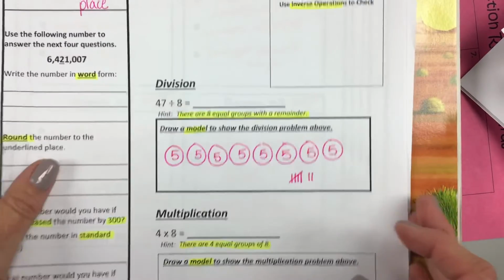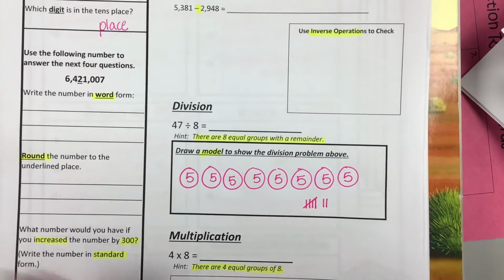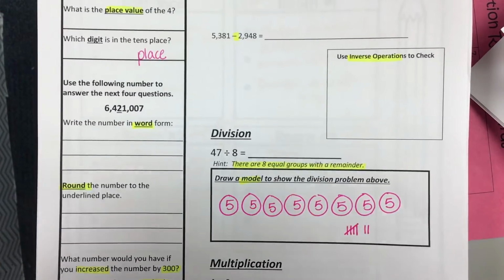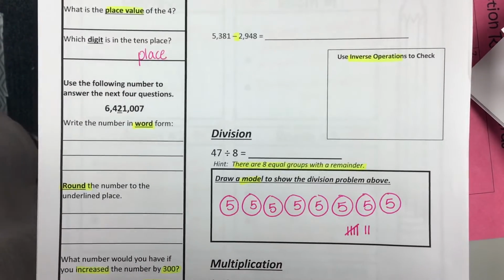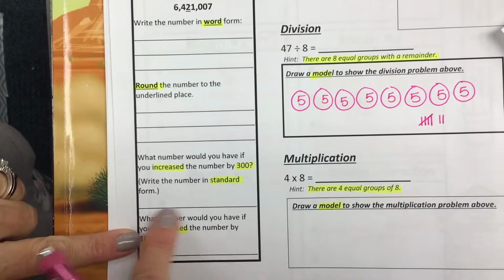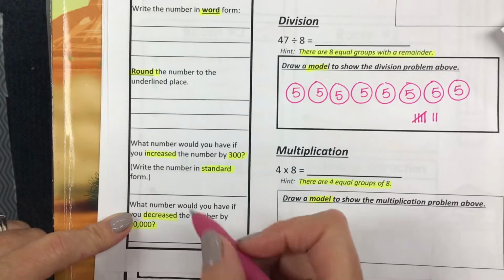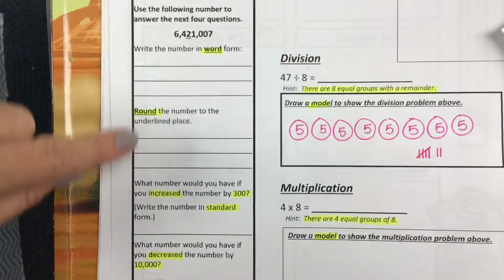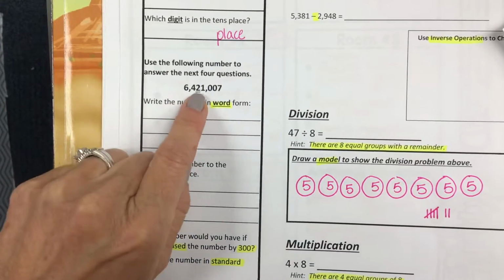Okay, and now I'm going to call on Cordelia. Cordelia, which freebie would you like? I think I would like for you to help me with the bottom one in the number sense column. Okay, Cordelia, what number would you have if you decreased this number by 10,000?